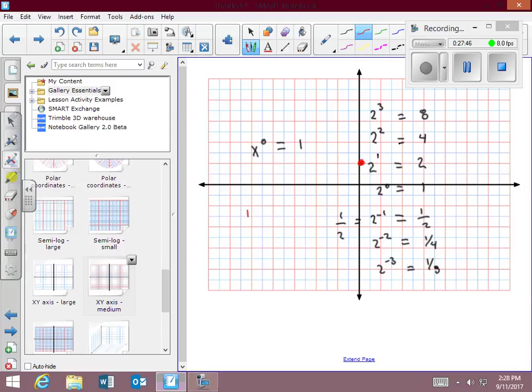So if you have x's minus 2, minus 1, 0, 1, and 2, and you go 2 to the x, this is not negative, this is 1/4.